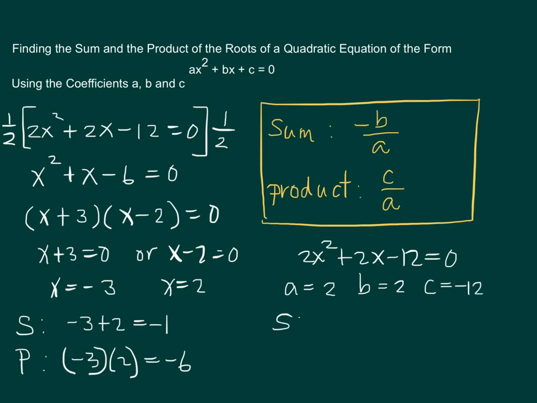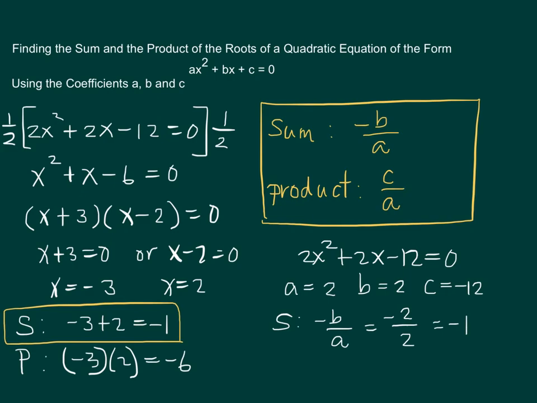So the sum from the formula is negative b over a, which means negative 2 over 2, that's my b and a, which is equal to negative 1. And this is consistent with what we obtained a while ago.